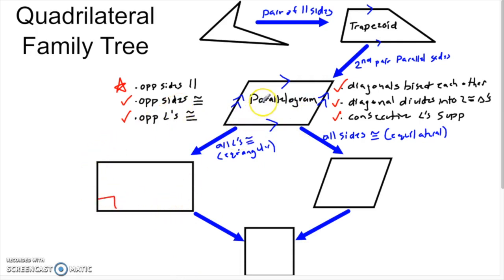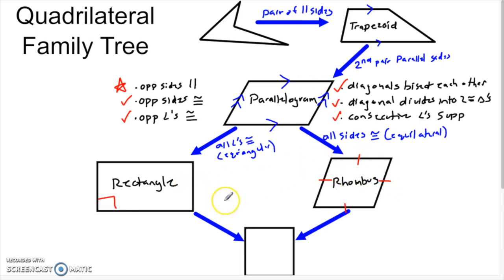So if I take my parallelogram and ask for all congruent angles, what I end up with is a rectangle. It just straightens the shape out into our classic rectangle. On the other side, if I ask for all congruent sides, then the shape doesn't straighten out at all, but it's going to get stretched horizontally or vertically, and I'll end up with what we call a rhombus.